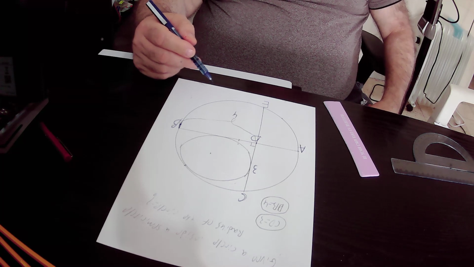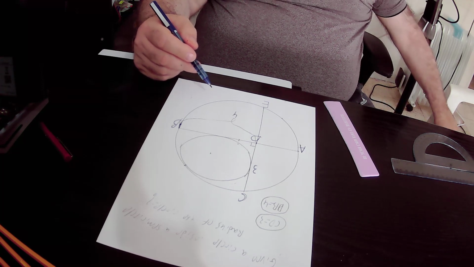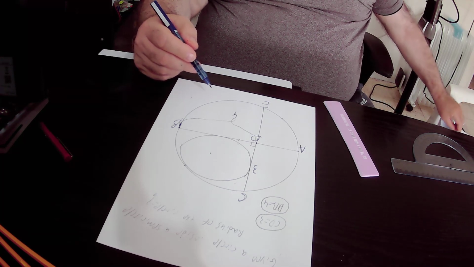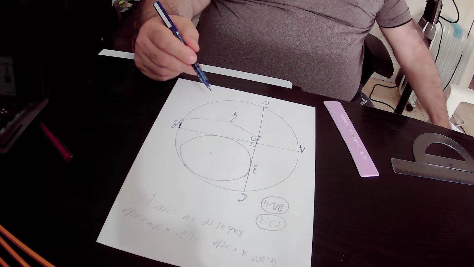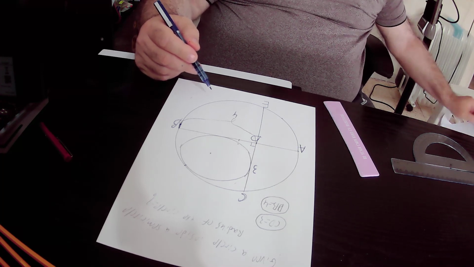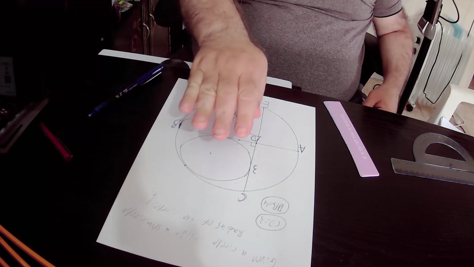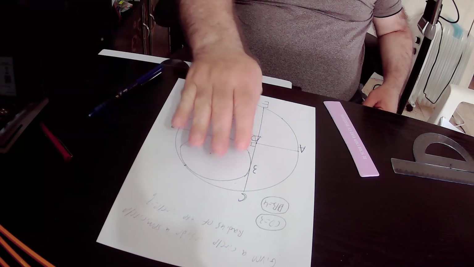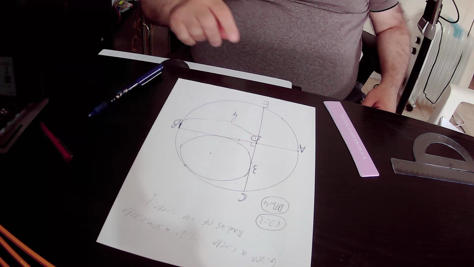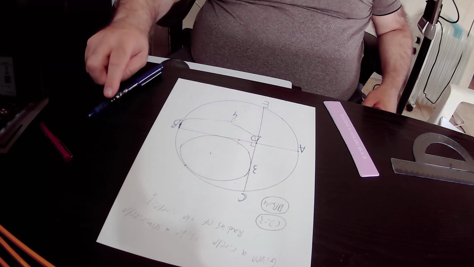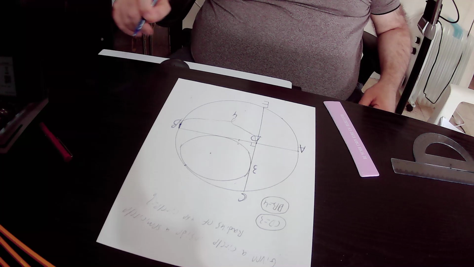And we have the rule that the sum of the angles on one side of a straight line is equal to 180 degrees. So if we focus on this side of the straight line CE at point D, then the sum of the angles here must be equal to 180 degrees.